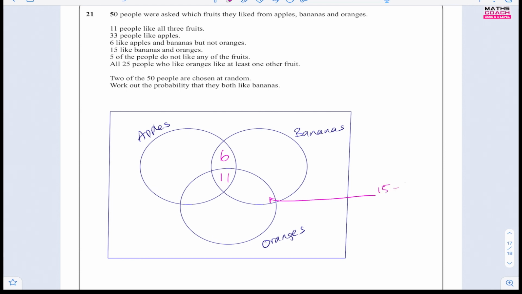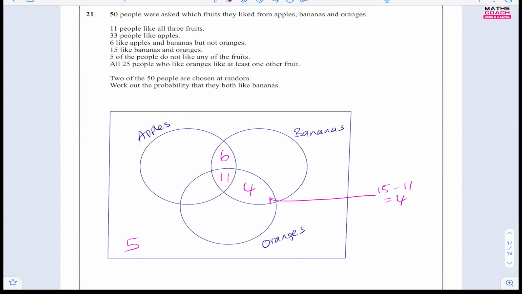So 15 minus 11, that gives us 4. So we can write 4 in here. If you continue to read, it says 5 of the people do not like any of the fruits. That means they don't like apples, bananas, or oranges. They cannot go in any of the circles, which means they have to go outside. So we can write that right there.